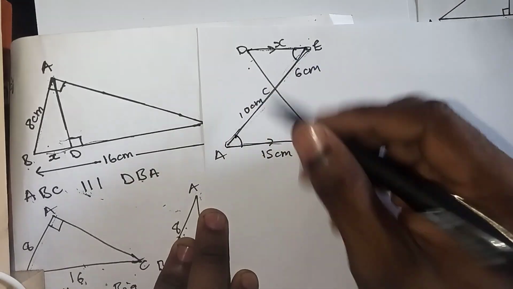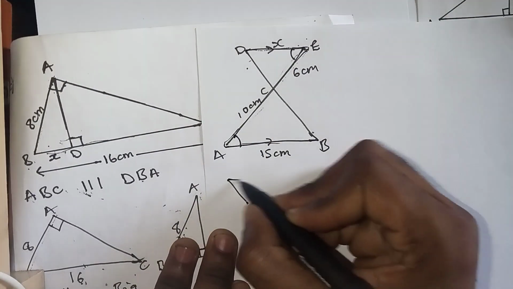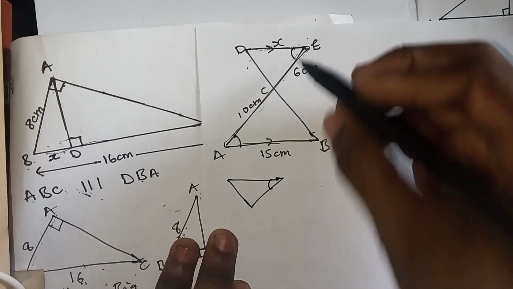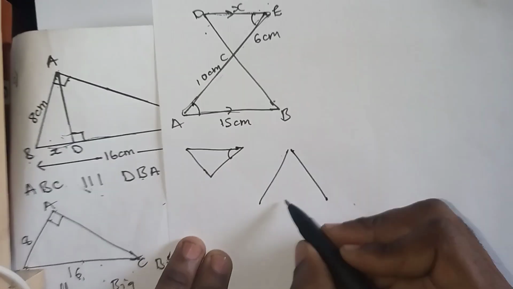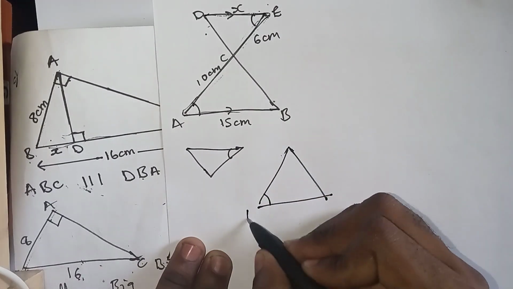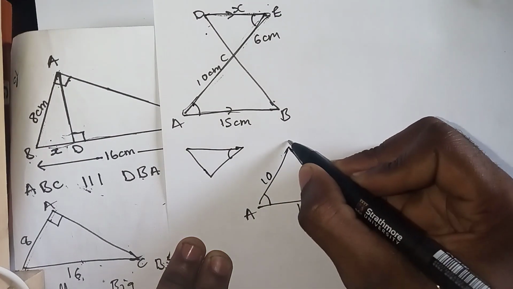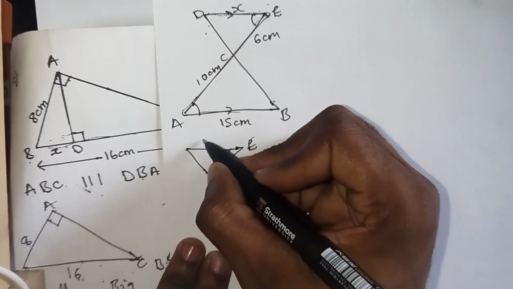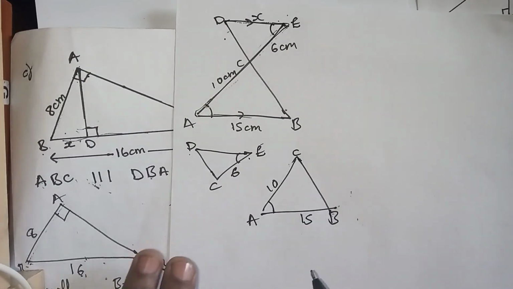So if I was to separate these two triangles, I would have the smaller one looking like this, with this angle similar to like this. A, B, this is 15, this is 10, this is C, this is 6, E, D, C. We are trying to find DC here.